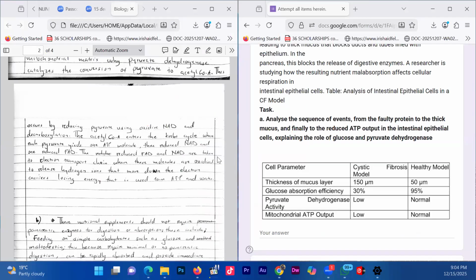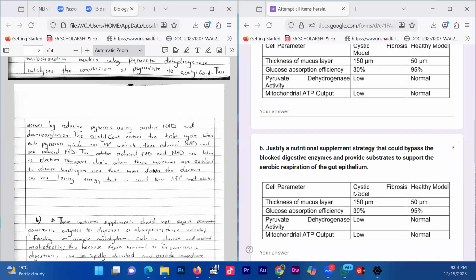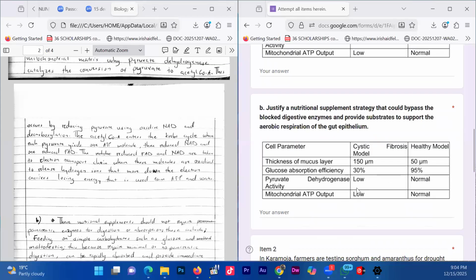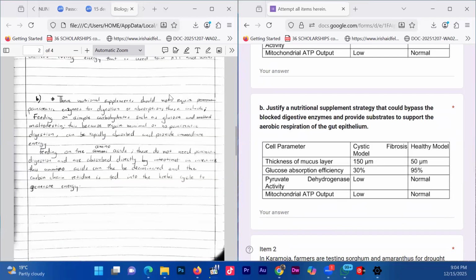All right, I think that is it for that task. Then task B was: justify a nutritional supplement strategy that could bypass blocked digestive enzymes and provide substrates to support aerobic respiration of the gut epithelium.